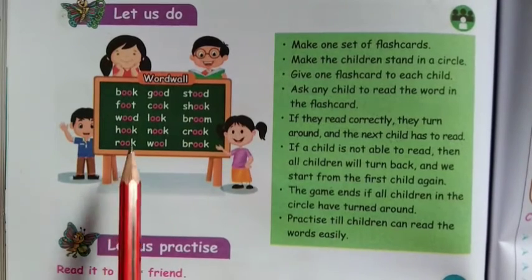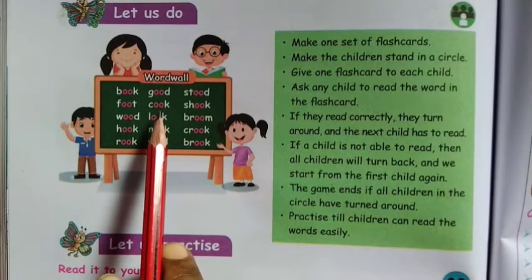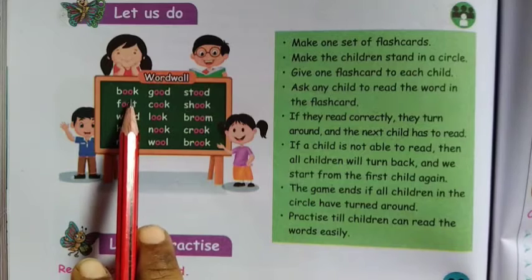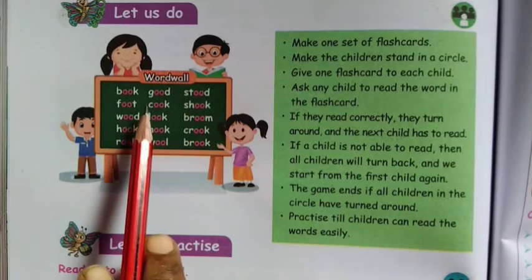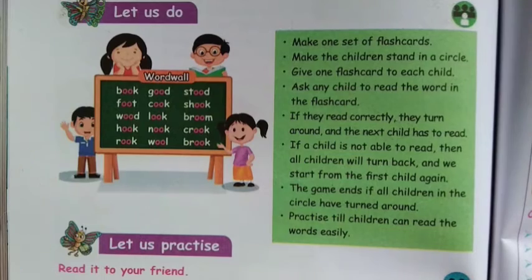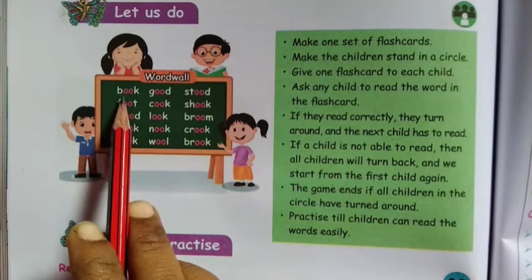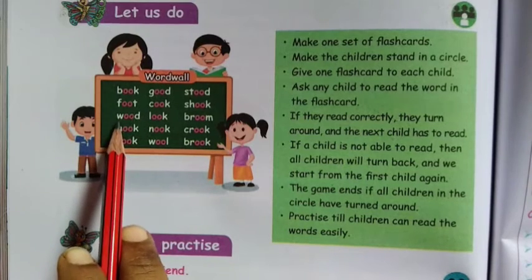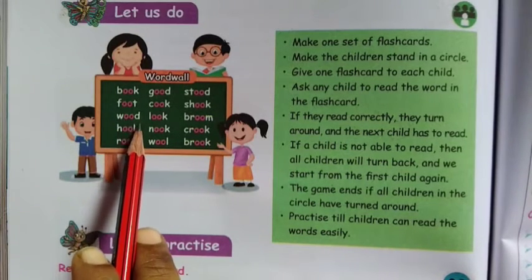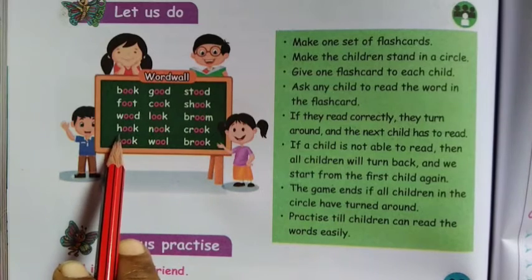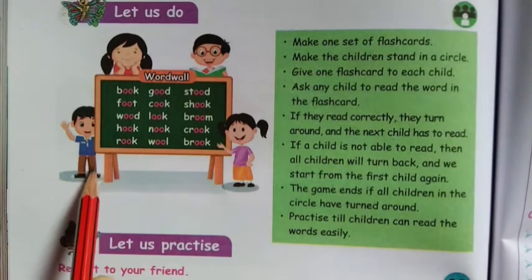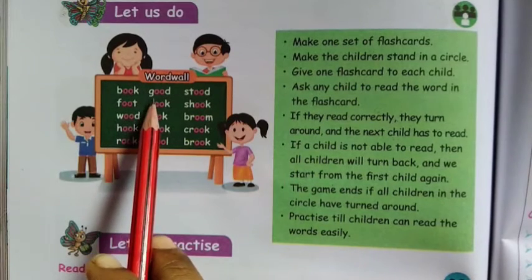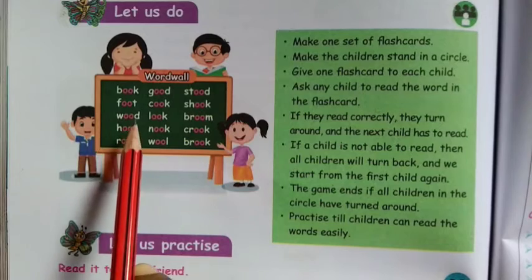Next we are going to see the words for the oo digraph sound patterns. Book. In your note you have to write all these words in this given word wall. Write two times in your note. Book. Foot. Wood. Hook. Rook. Good.